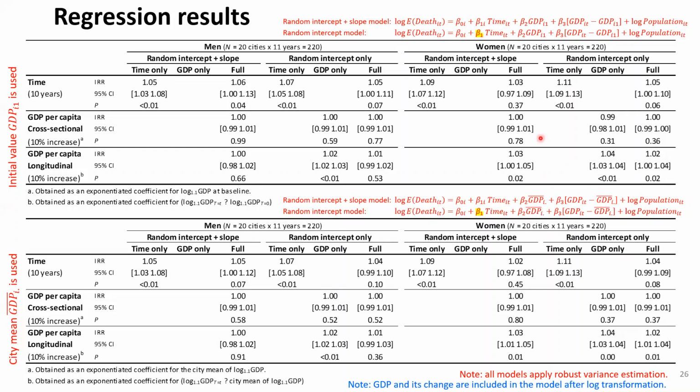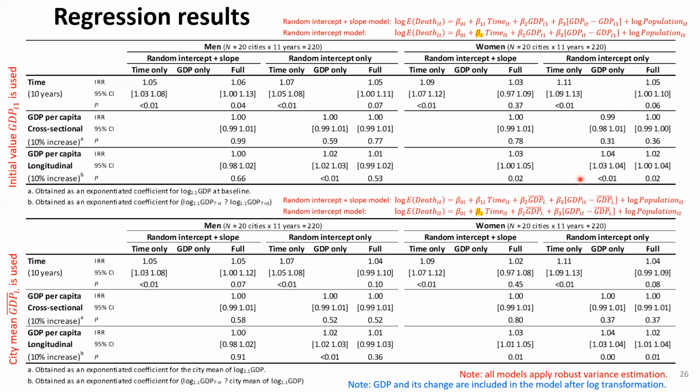And then let's look at this one, which is men. The effect of time declined a little bit, and in terms of significance, it went from significant to non-significant. And when we look at GDP, there was an upward trend, meaning change in GDP had a positive association with mortality.